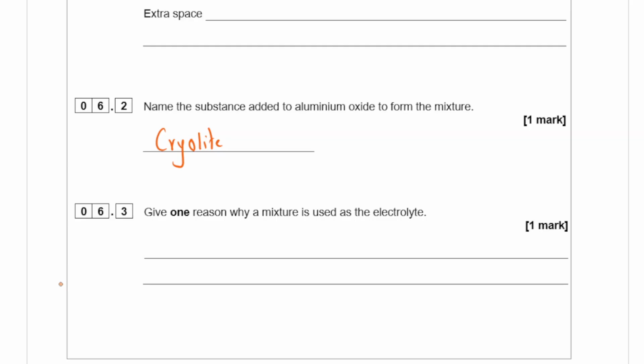Now, because aluminium oxide on its own has a high melting point, you would want to lower the melting point for electrolysis, so that you can save energy and cost.